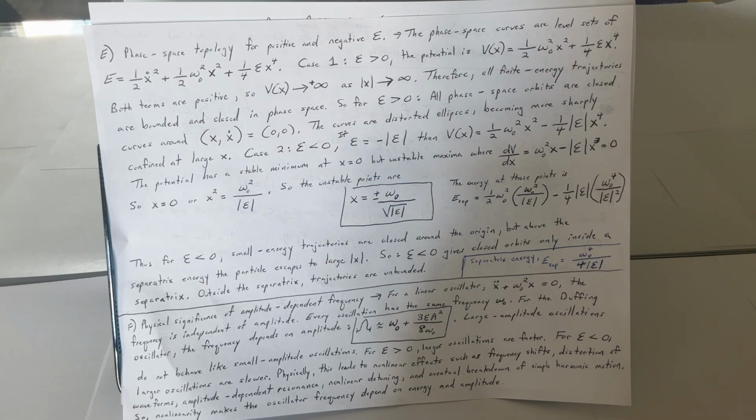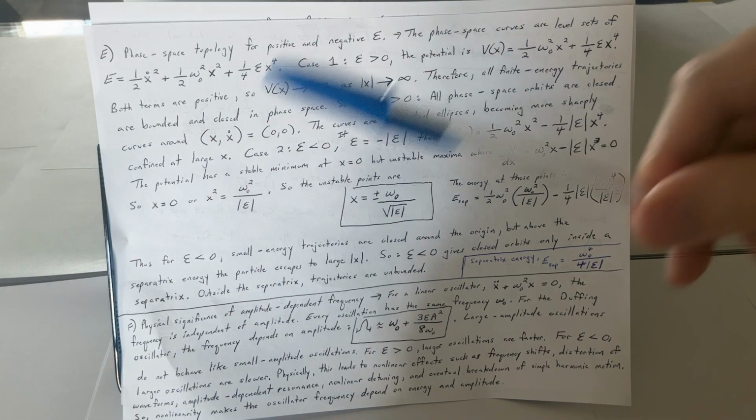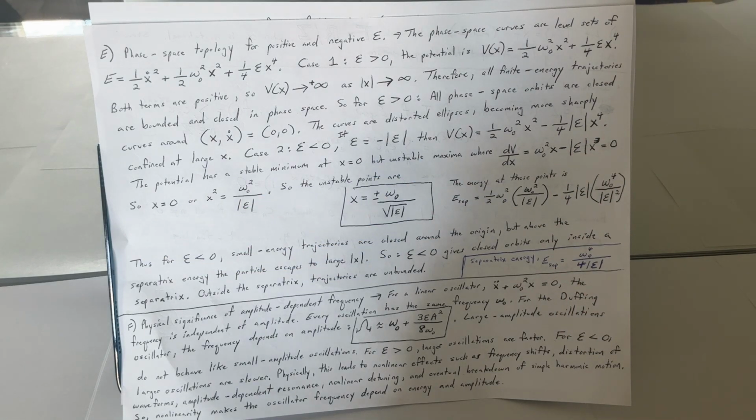The potential has a stable minimum at x equals 0, but unstable maxima where the derivative of V with respect to x equals omega naught squared x minus absolute value of epsilon x cubed equals 0. So x equals 0, or x squared equals omega naught squared over the absolute value of epsilon.